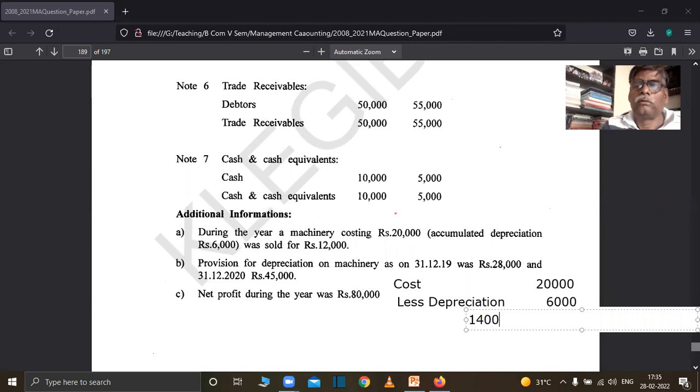Okay, this 14,000 is called WDV, written down value. This is the written down value.